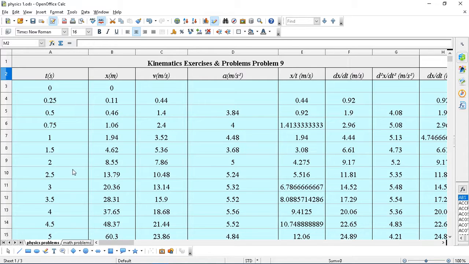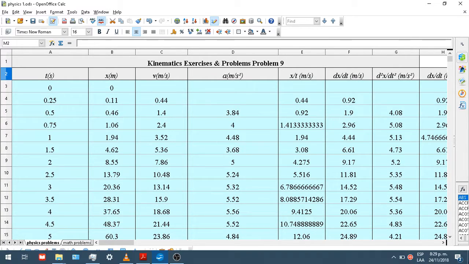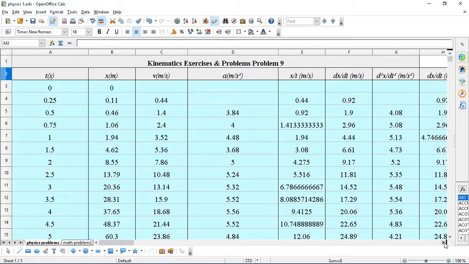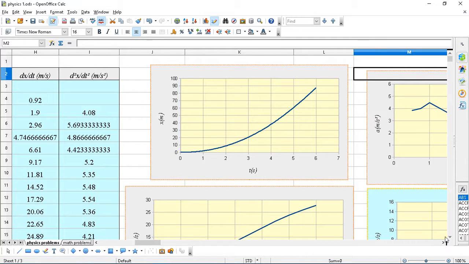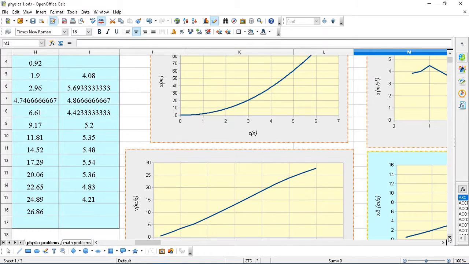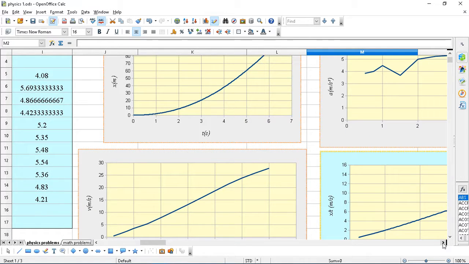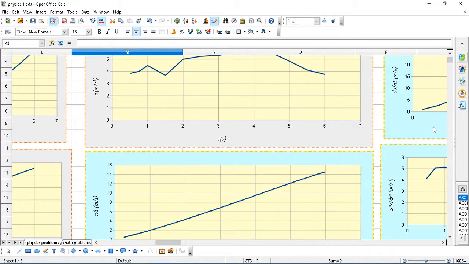So you could have more time values, and then the calculated values for x, for v and a, as well as for dx/dt and d2x/dt2, they could be a more accurate representation of the velocity and acceleration of the particle.